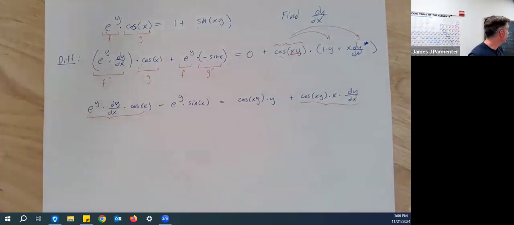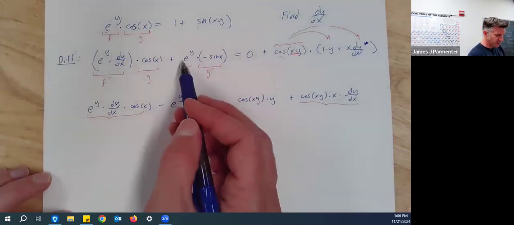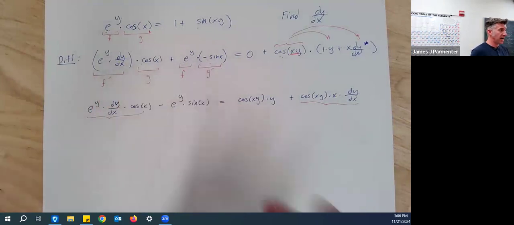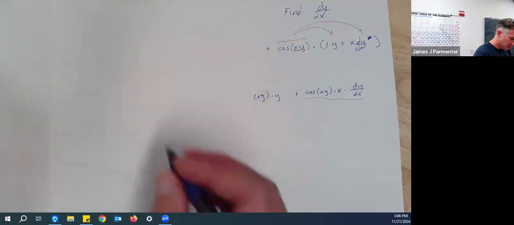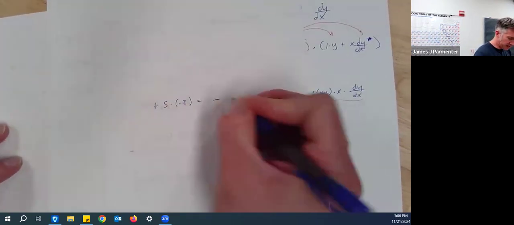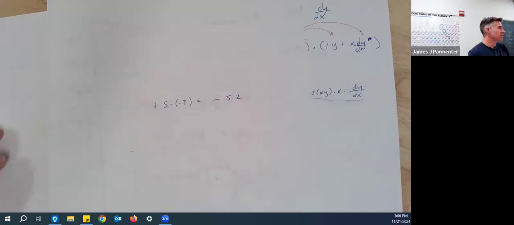Question. Because it's plus a positive thing times a negative thing. So I just made the choice to say, instead of writing plus 5 times negative 2, we can just write that as minus 5 times 2 or minus 10.